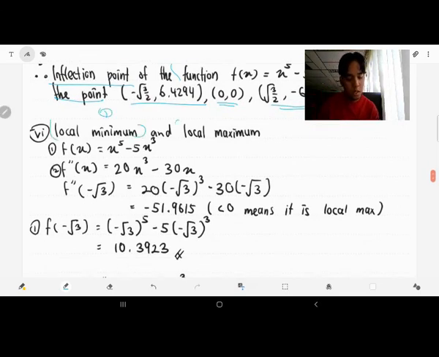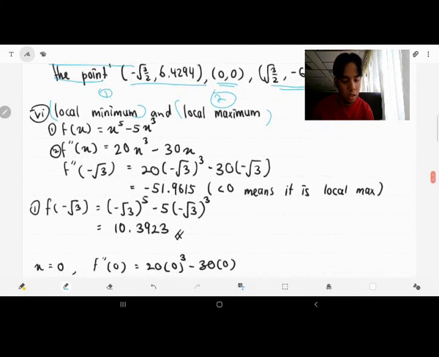And for the last part, we have to find the local minimum and the local maximum points. For this part, we have to use the second derivative, f double prime. f double prime x is equal to 20x^3 - 30x.